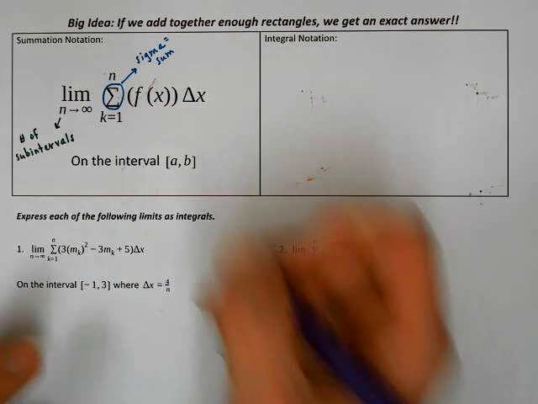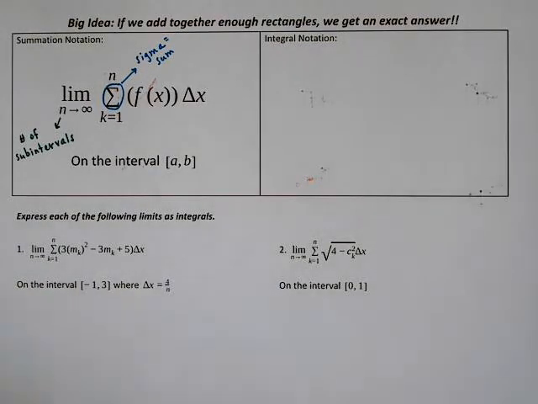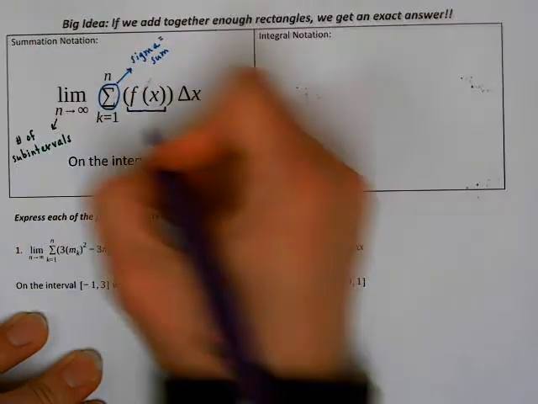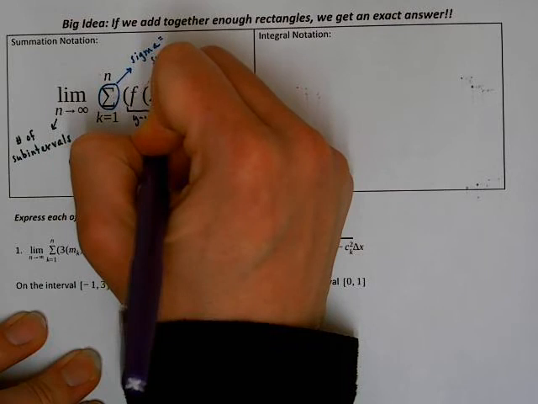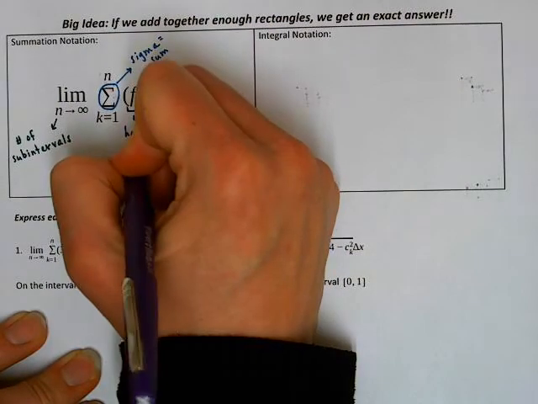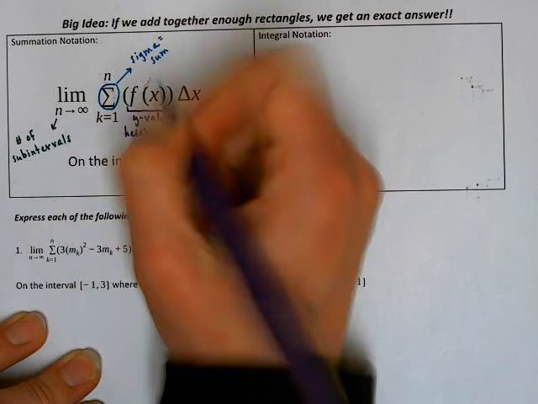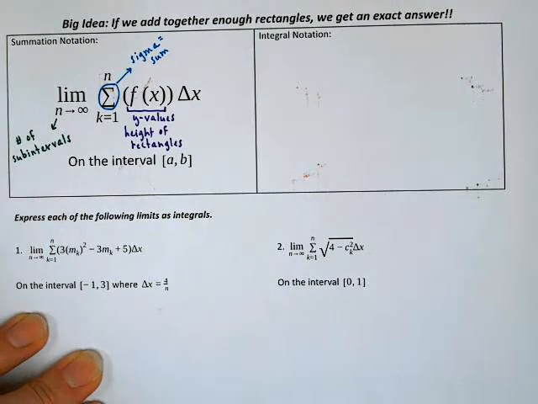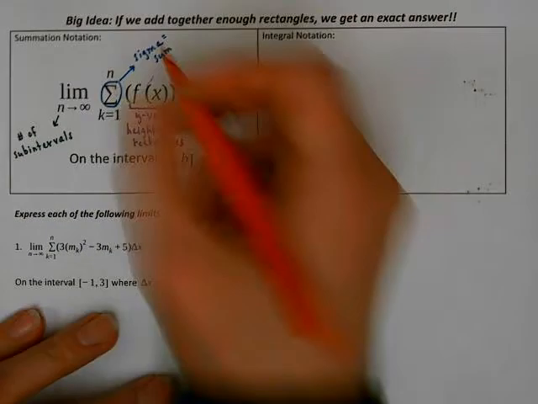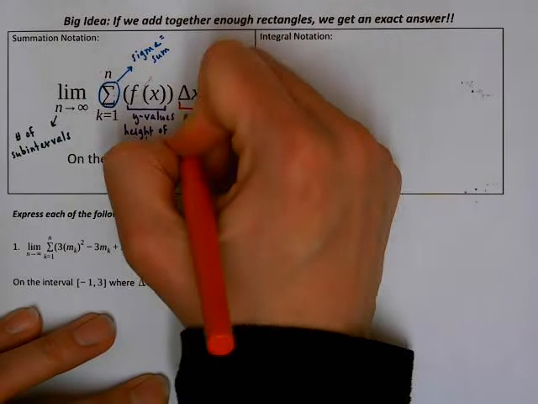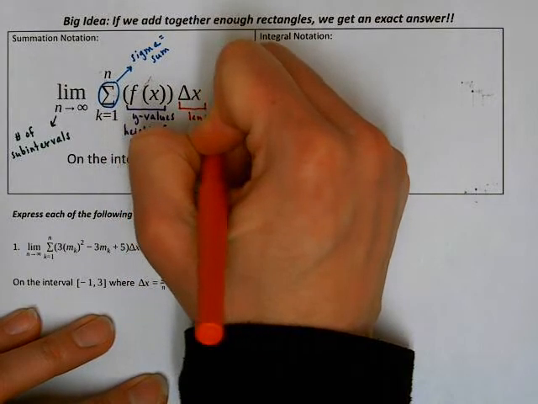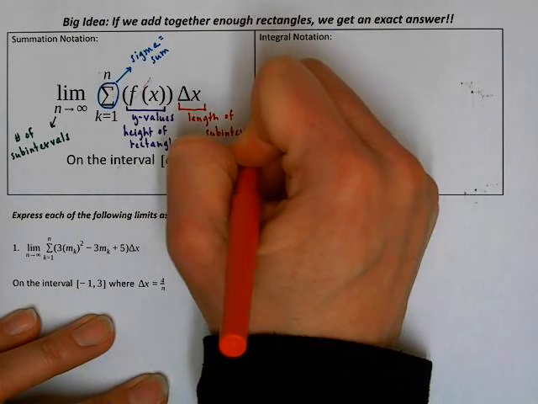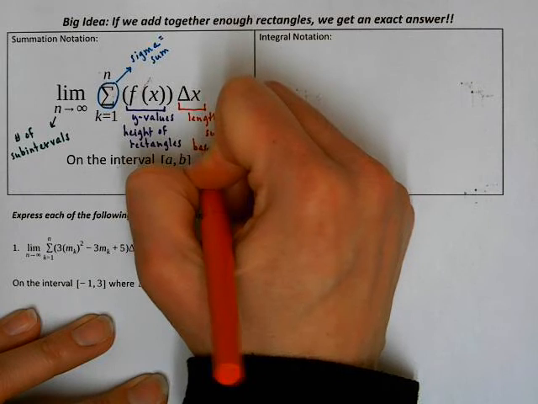Now in here, I have my function f of x, right? That's representing my y values, or the height of the rectangles. And then here, I have the change in x, so really that's kind of the length of my subinterval, which serves as the base of my rectangle.